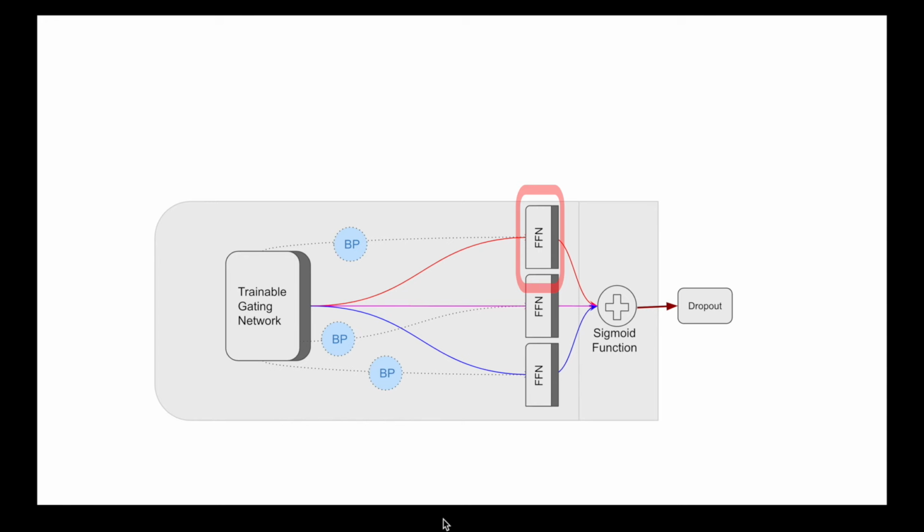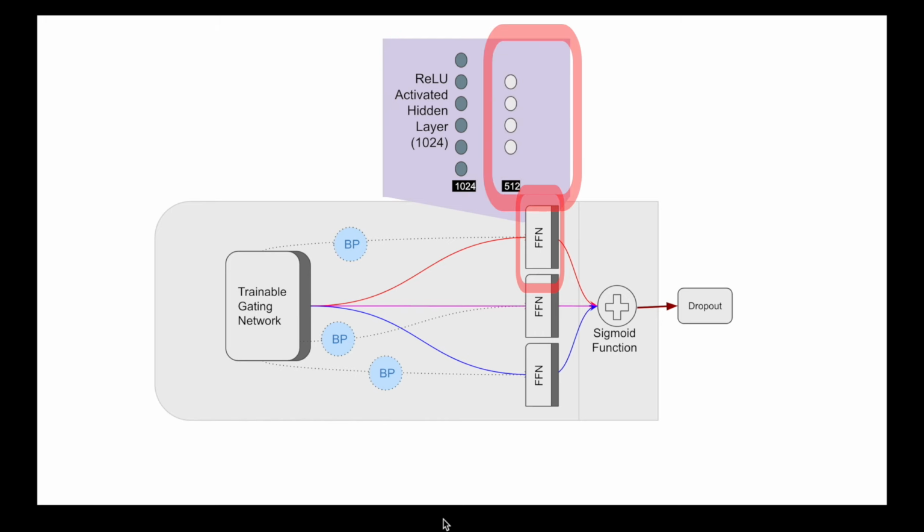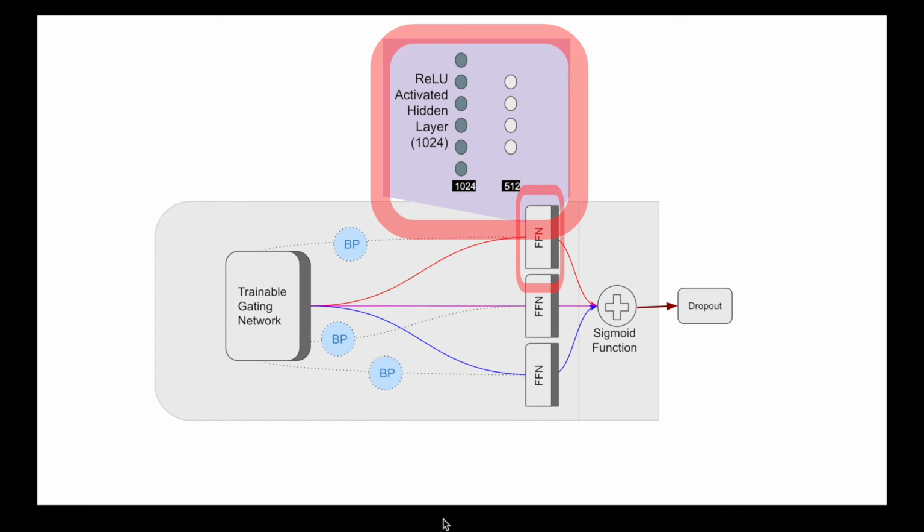Now going deeper into each expert, which is a feed-forward network, we can see that there are various hidden layers and the output layers. In one example, we can say that each feed-forward network has one ReLU-activated hidden layer of size 1024 and an output layer of size 512.